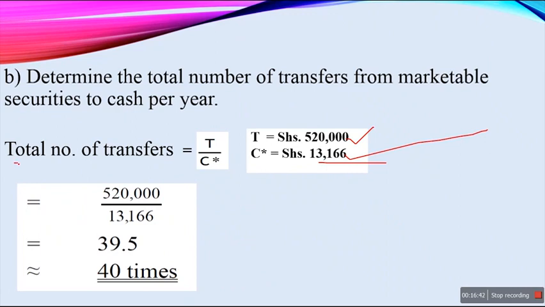So to get the total number of transfers, you take the total annual requirement and divide by the optimal cash requirement. That is 520,000 divided by 13,166, and that gives us 39.5. This is approximately 40 times. So it means they are going to trade in securities 40 times during the year.